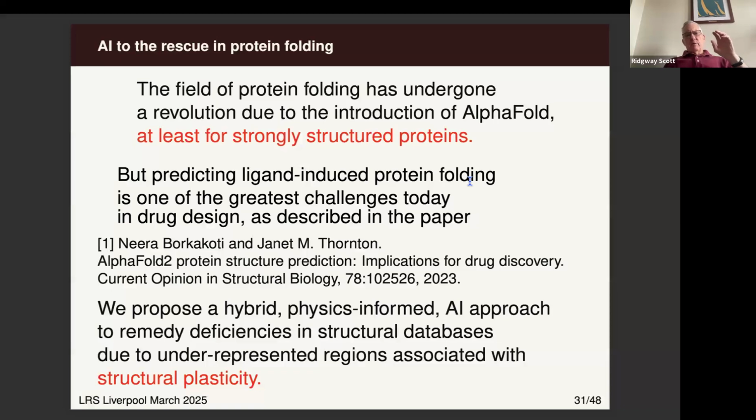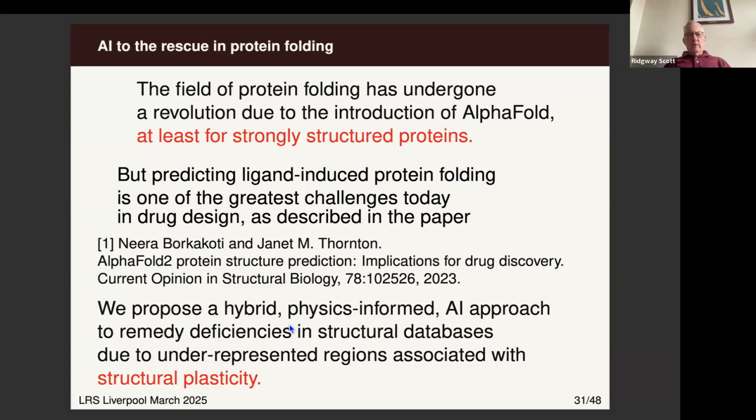That might be a situation where, in fact, upon that binding, the protein structure changes substantially. And she gives examples in this paper of that. So what we're going to do is deal with that fact that we want to be able to do protein folding accurately in situations where we don't have enough data to predict the fold.